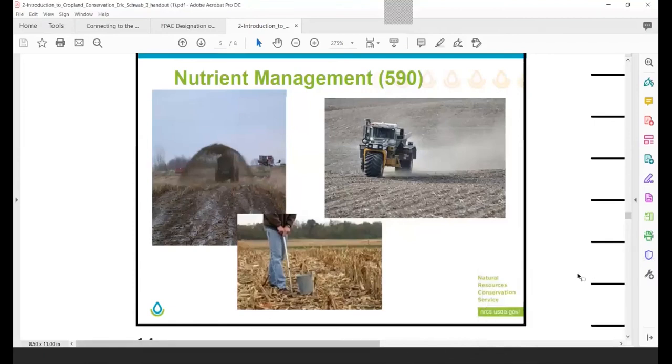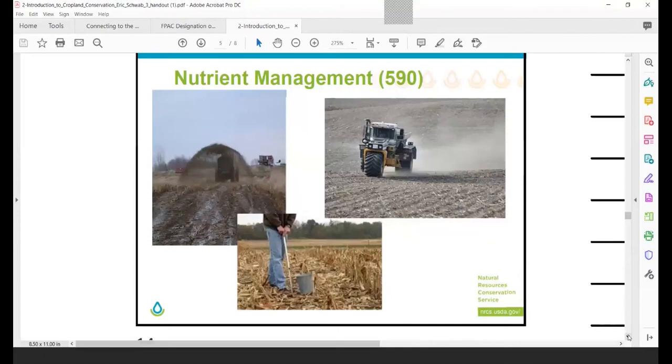There's a question about the 590, referring to the current standard: does this apply to the new standard? The national 590 was updated about a year ago. Many states, including Ohio, are in the process of updating, and we in Ohio will have a new 590 in fiscal year 21. What I provided was just real general information.